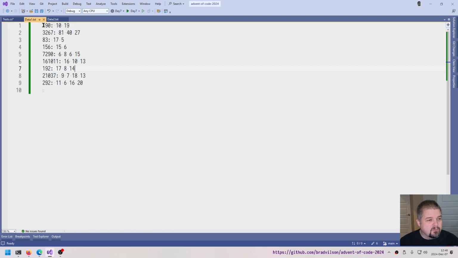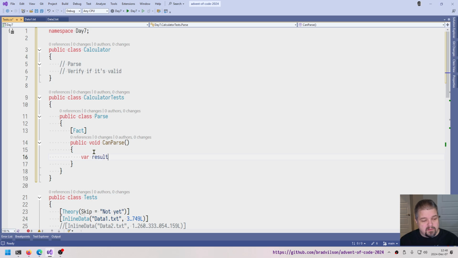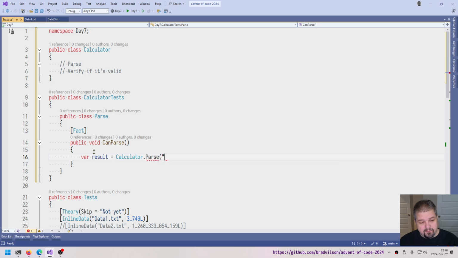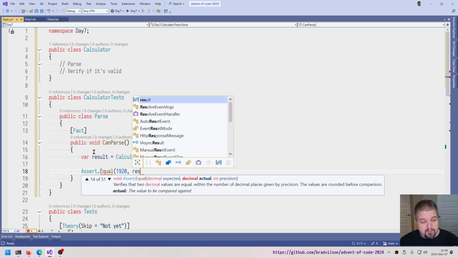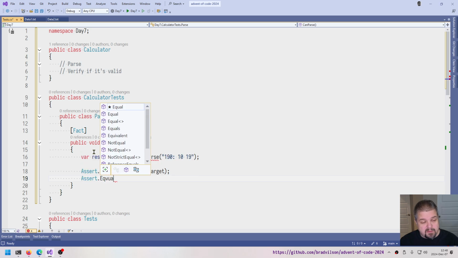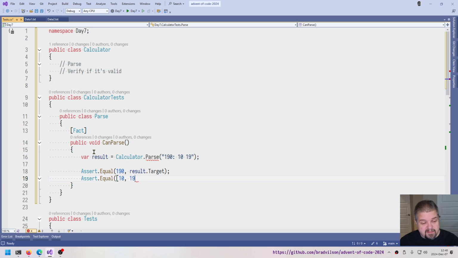Let's go grab one line of data from here. Let's say var result is calculator parse this, and then we'll say assert equal 190 result target, assert equal 10 and 19 for the result values. Okay. So there we are.